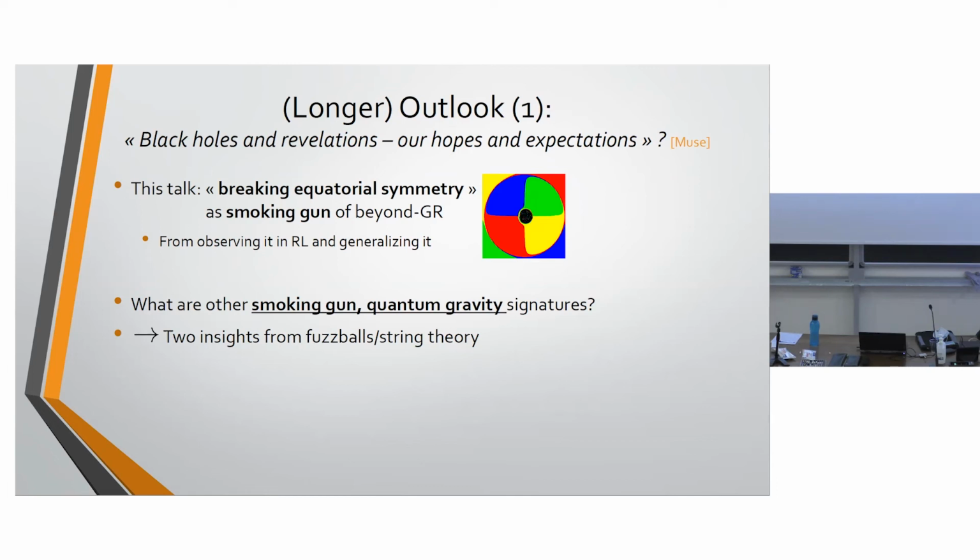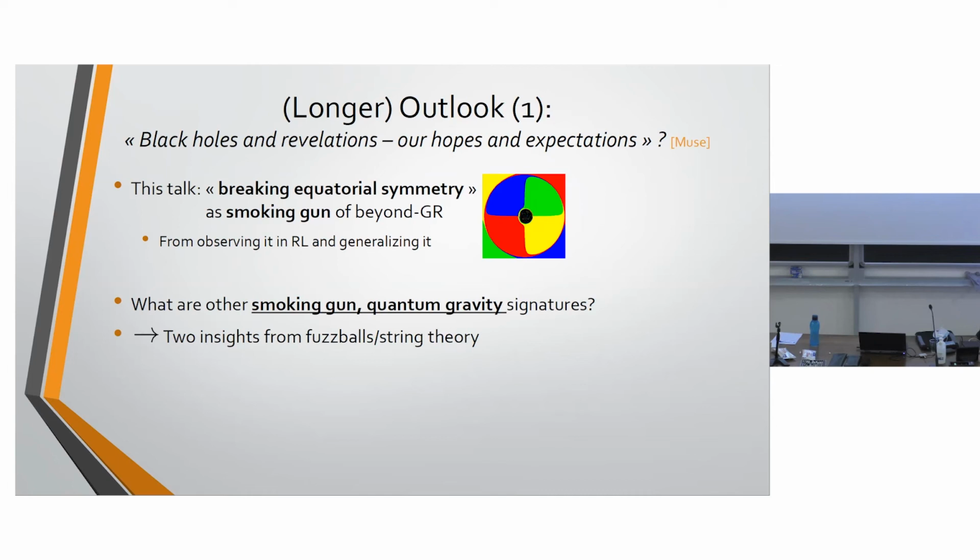Okay, and I think for me this is an example of a feature that is prevalent in string theory, because I come from string theory fuzzballs, that is very, very obviously present, but that wasn't really explored enough, at least to my taste, in phenomenology. And so I said, okay, let's take a look.